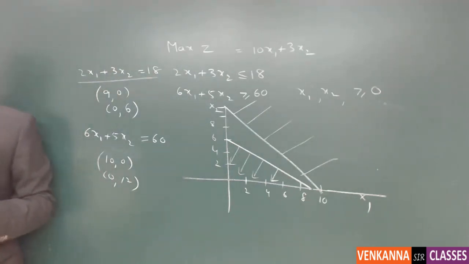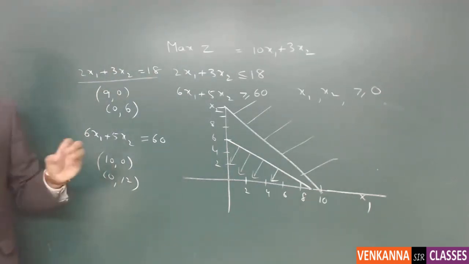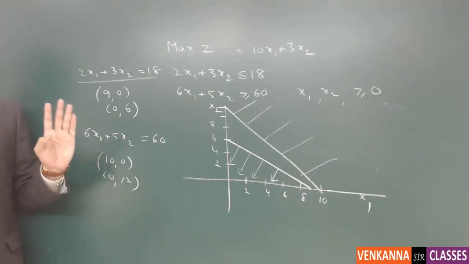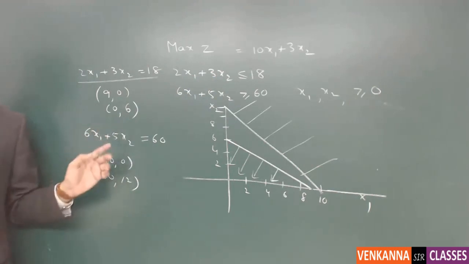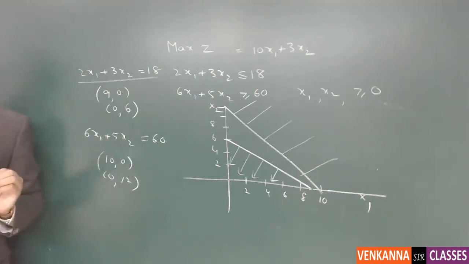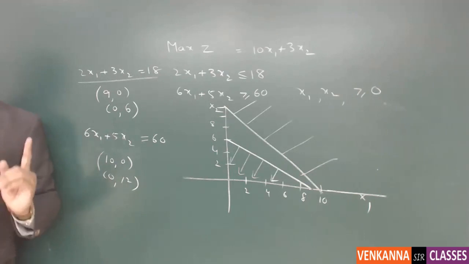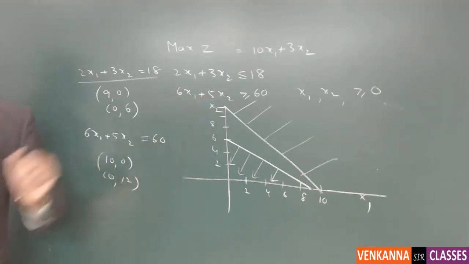Feasible region means we are checking the set of points which satisfy both inequalities. Did you find any such points here satisfying these? Can you find at least one point which satisfies the two inequalities?